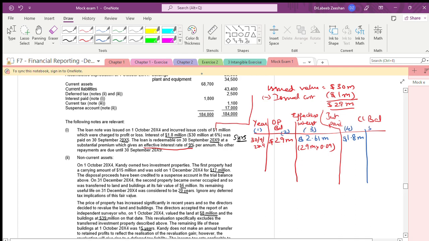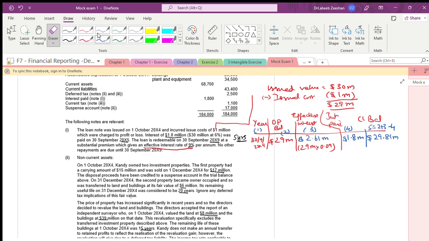Column 5 is 2 plus 3 minus 4: 29 plus 2.61 minus 1.8 comes to 29.81. This is what we have done earlier. If you put it in statement form, keep it like that only.